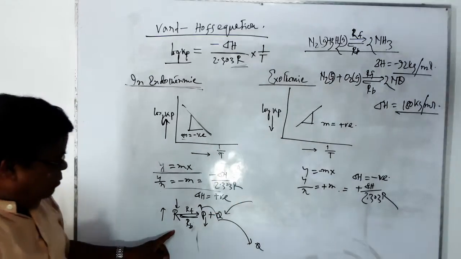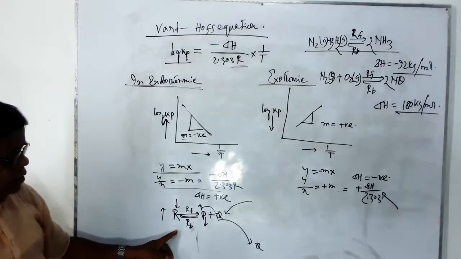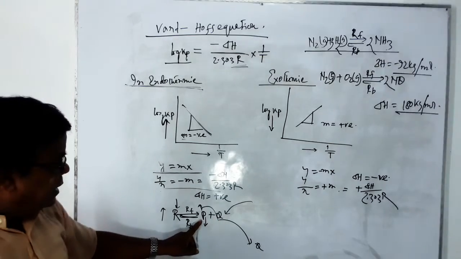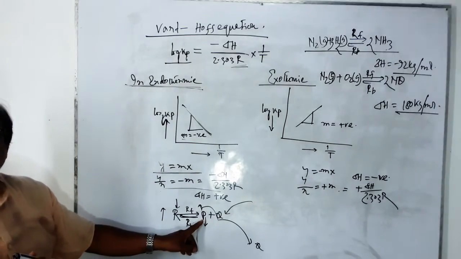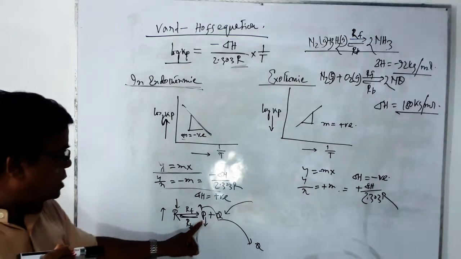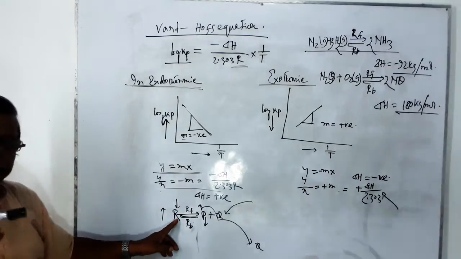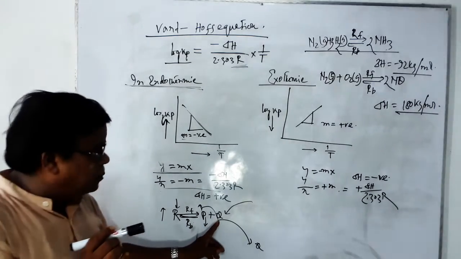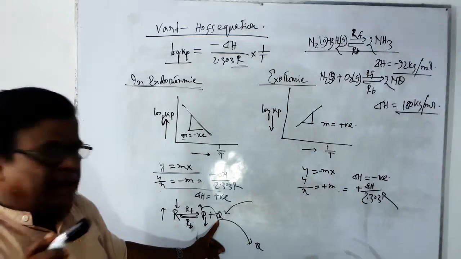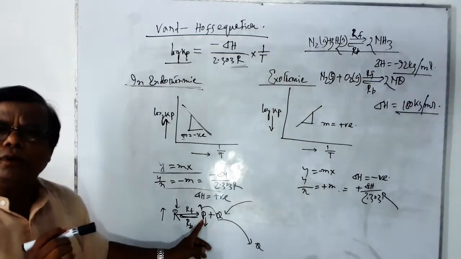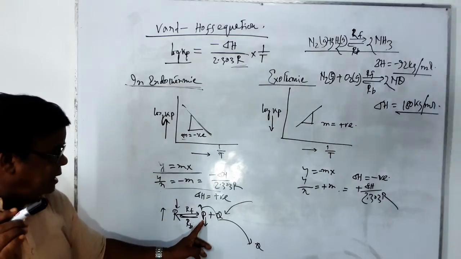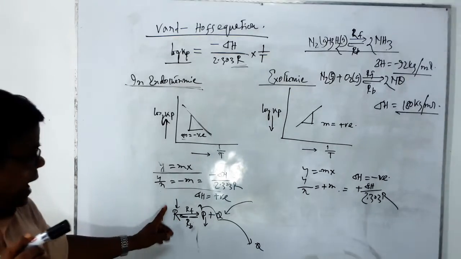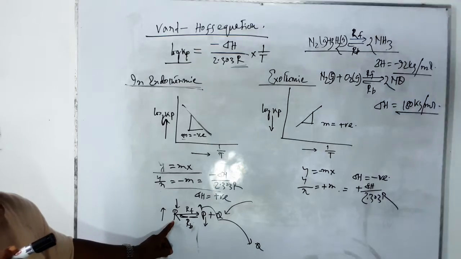In an exothermic reaction, when temperature increases, the amount of product decreases, the direction of the reaction will be backward, and the reactant increases. When temperature is decreased, the product of this reaction increases, the reaction shifts forward, and the reactant decreases.